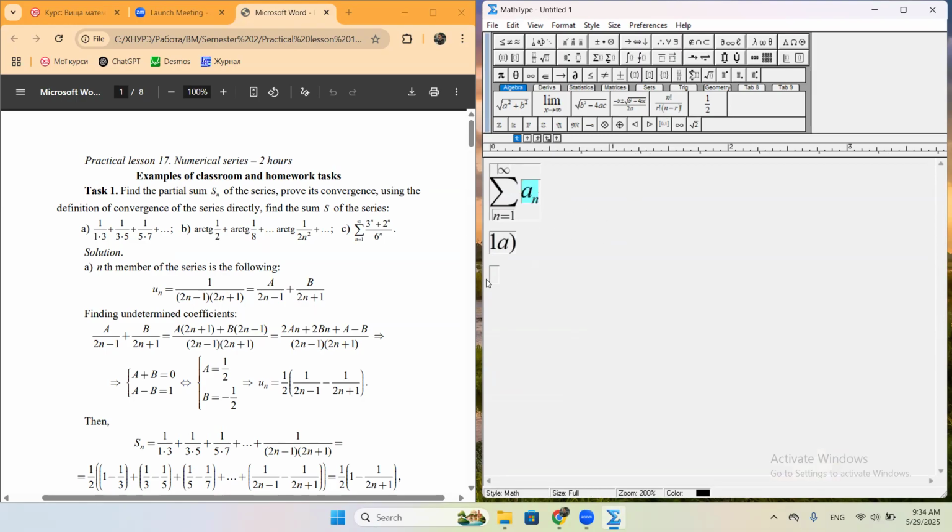These are the coefficients of this series. And what about the first series? Let's write it down: 1 over 1 by 3 plus the next 1 over 3 by 5 plus 1 over 5 by 7.